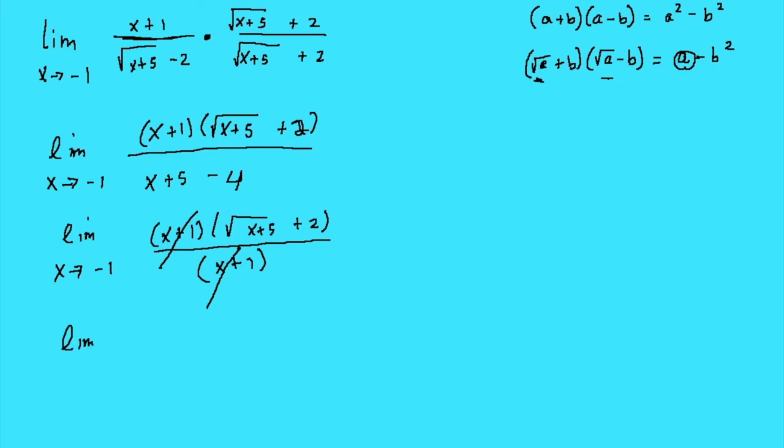I'll write it one more time to make sure there's no confusion. Everything else got canceled out, so we're just left with this. Now we can use direct substitution and just plug in -1. And simplify: that's 2 plus 2, which gives us a limit of 4.